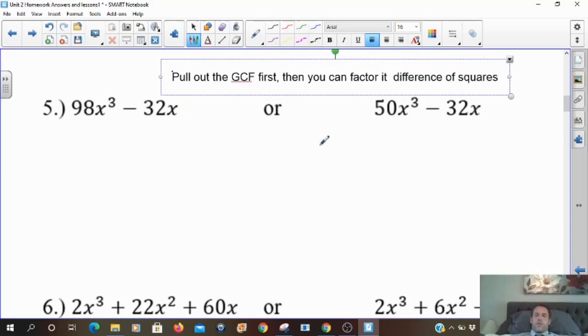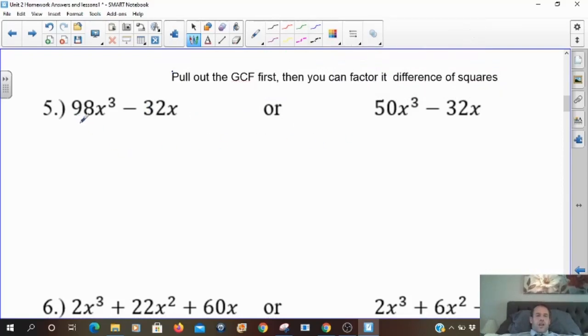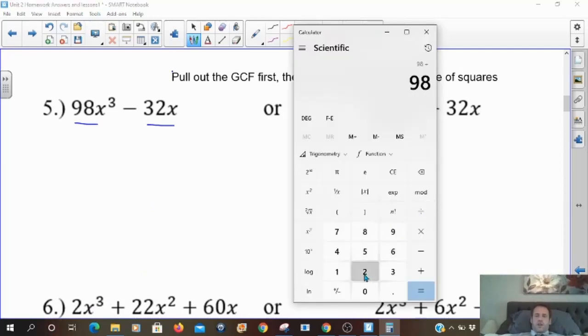So, for example, 98 and 32, so both are even. But I'm guessing, well, we could pull a 2 out, that's for sure. But I wonder if there's a bigger number than that, maybe. So 98 divided by 2 is 49. Okay, that's probably why it's doing that. And then 32 divided by 2 is, of course, 16.